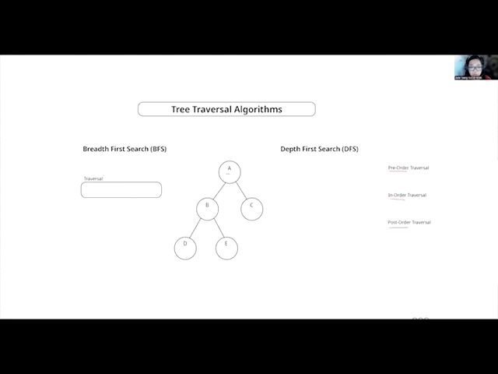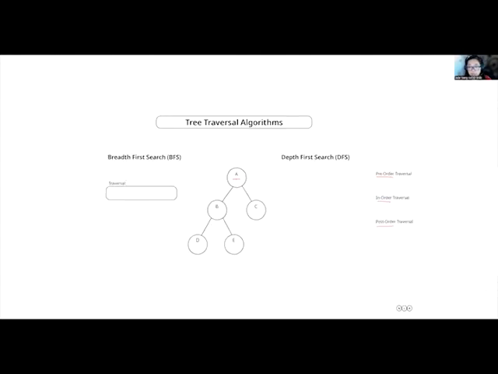If you're doing a pre-order traversal, then before you do any traversal from a node, you would first record the value of the node before you do traversing to the left and followed by traversing to the right. So the strategy here is to record the node, then traverse left, and then traverse right.